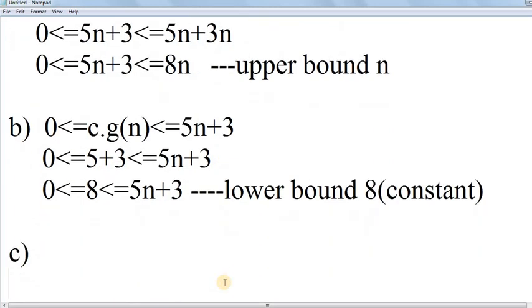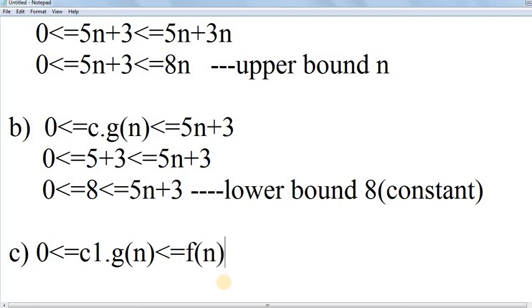Now, how about equality? Okay, what is our equation? Equality, 0 less than or equal to c1 g of n less than or equal to f of n less than or equal to c2 g of n.